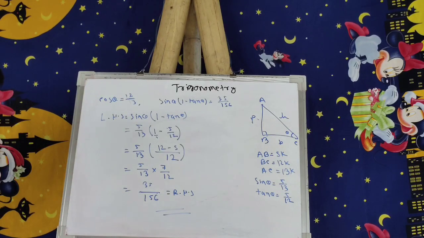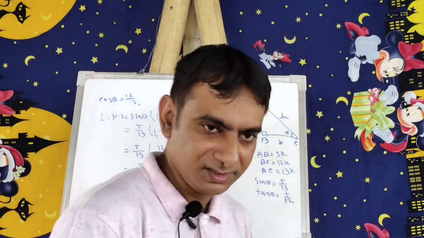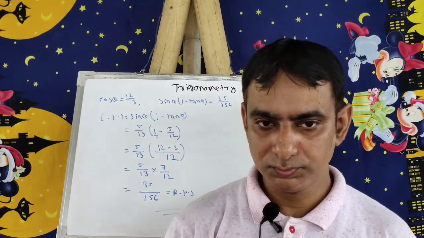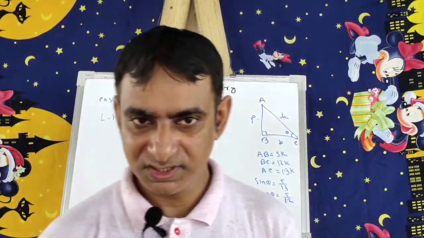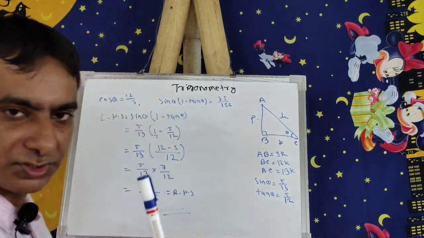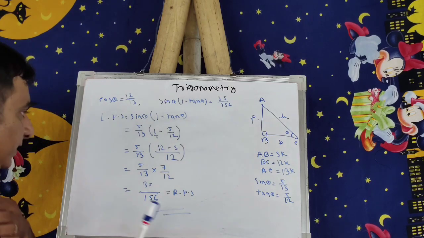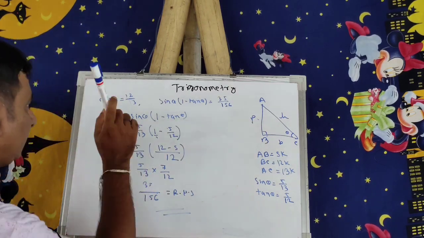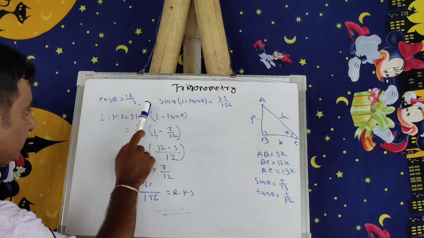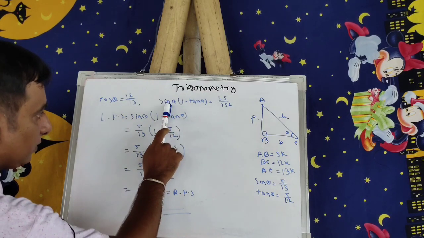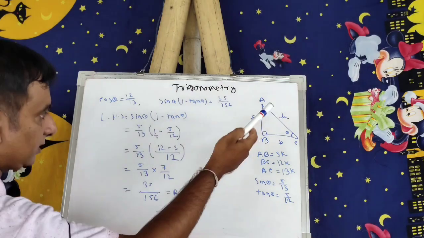Understood, guys? Yeah, it is easy, not so difficult, no? Yeah, good one. So, just do the practice. So simple is that trigonometry. Whenever you are going to do this, first what you need to do, in the question one of the trigonometric ratios will be given, you need to find out another.